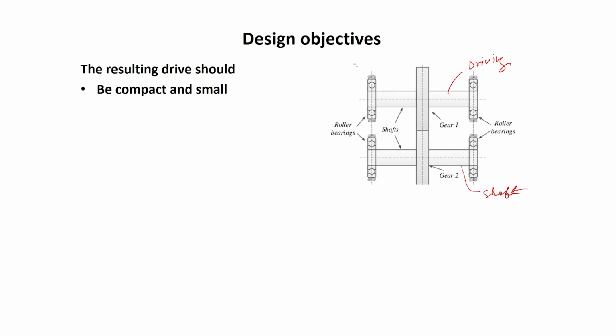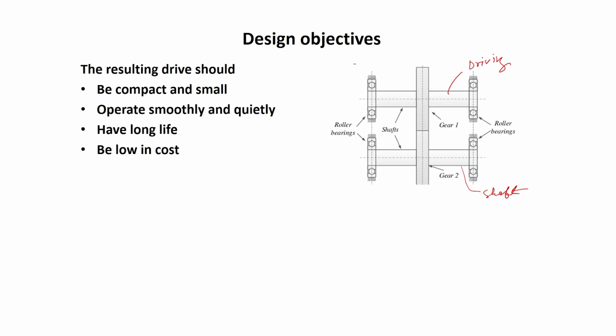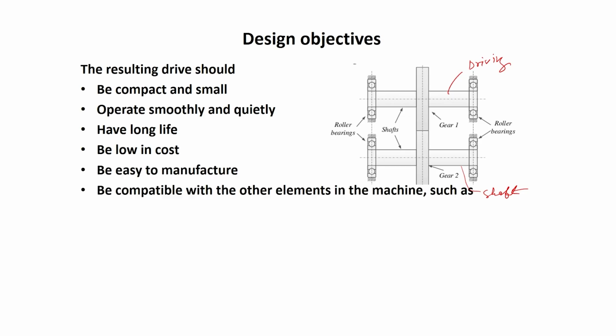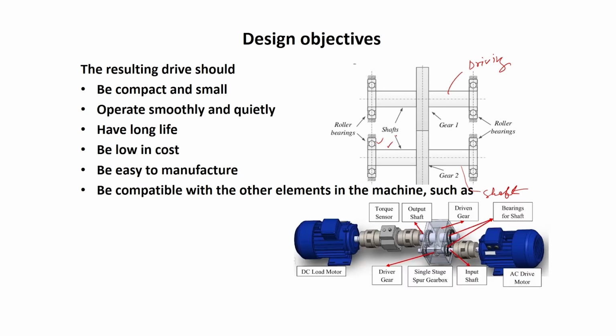The complete set should be compact and small, operate smoothly and quietly, have long life, be low in cost, be easy to manufacture, and be compatible with the other machine elements in the machine. That means the drive should be compatible with the bearing, the shaft, the housing, the driver and the driven machine.